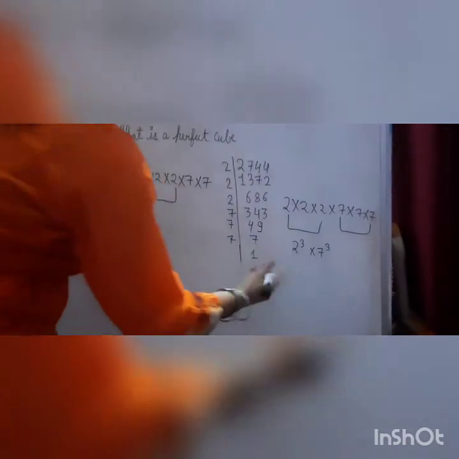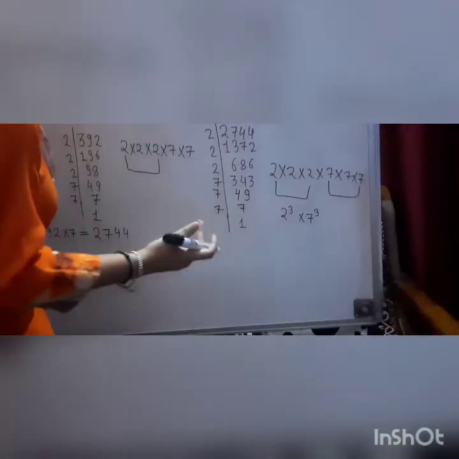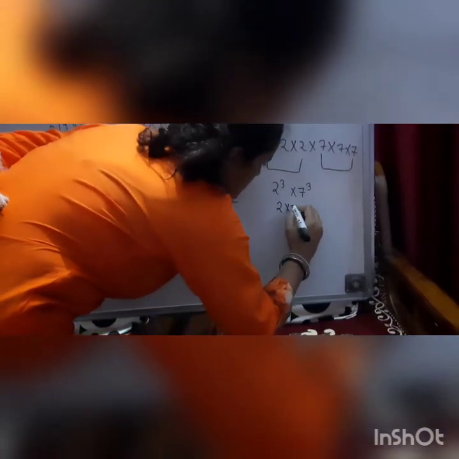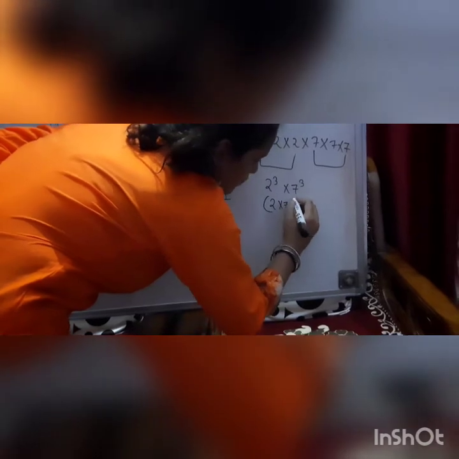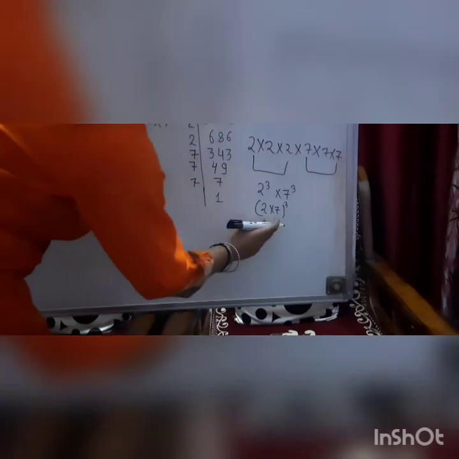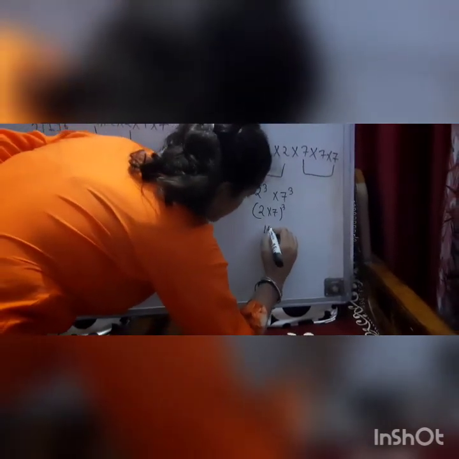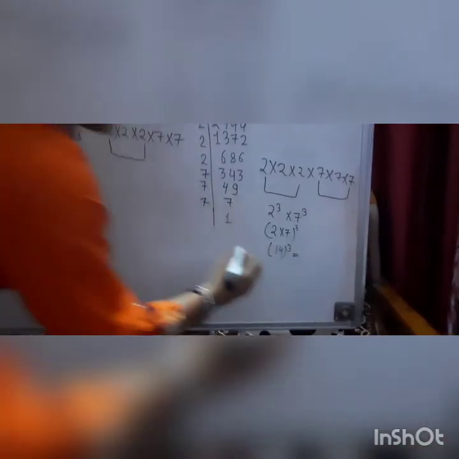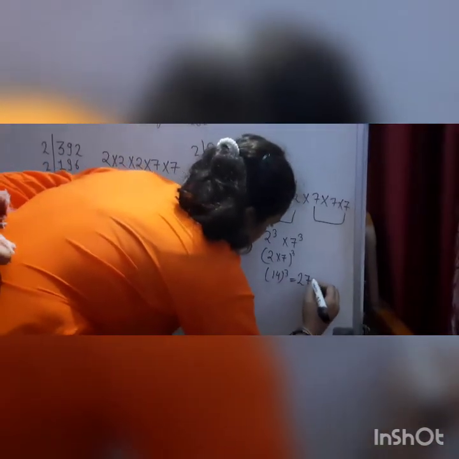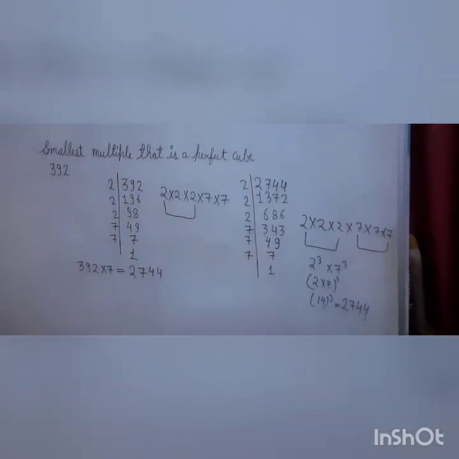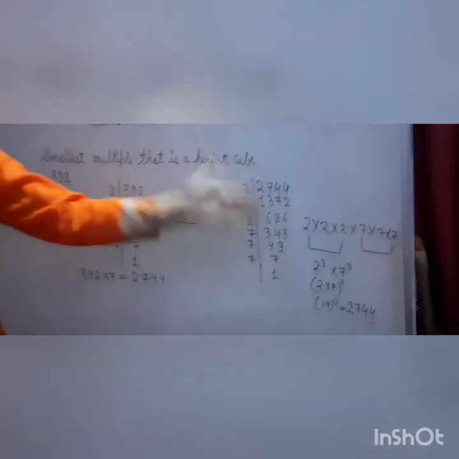As I have told you in the previous topic, if the bases are different and powers are the same, you have to multiply the bases and write the power in common outside. So 2 times 7 is 14, 14 to the power 3. So it is equal to 2744. Okay class, this is the smallest multiple that is a perfect cube.